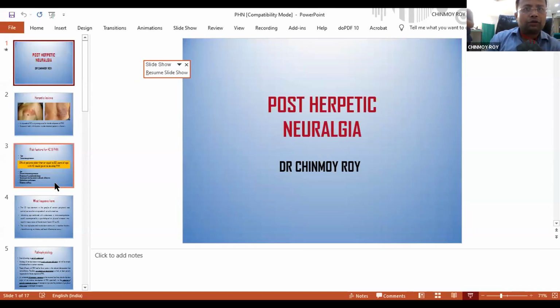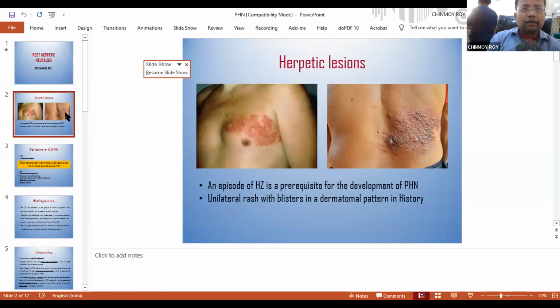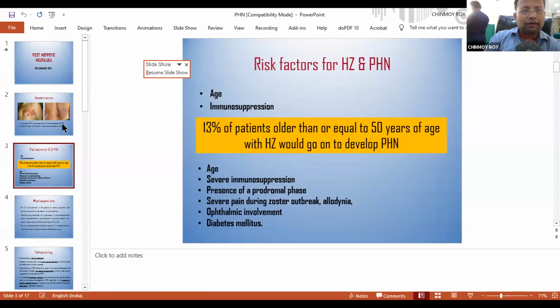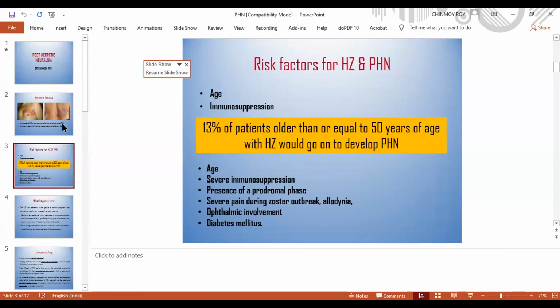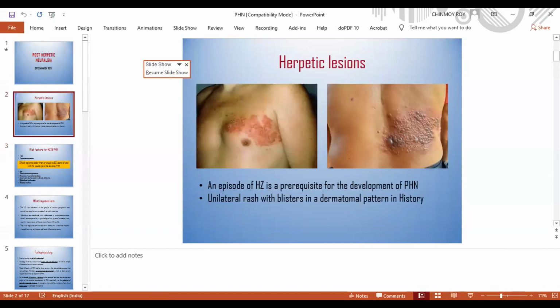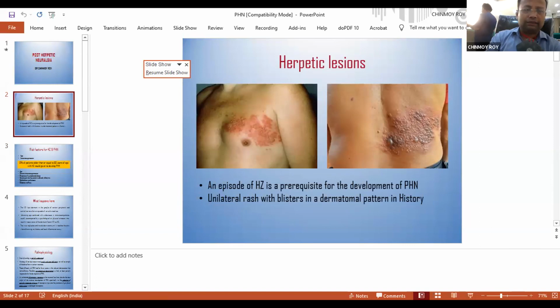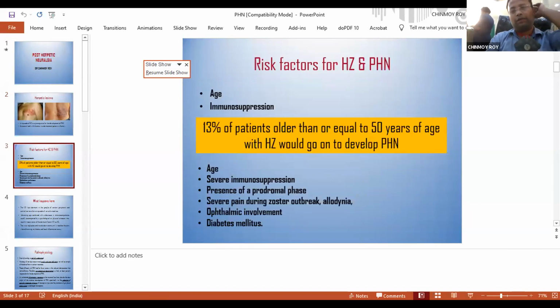Till which slide have you seen? Yes sir, this was seen. Maybe the internet connection can differ in different areas. So anyway.